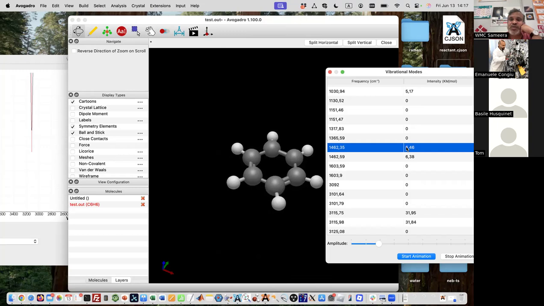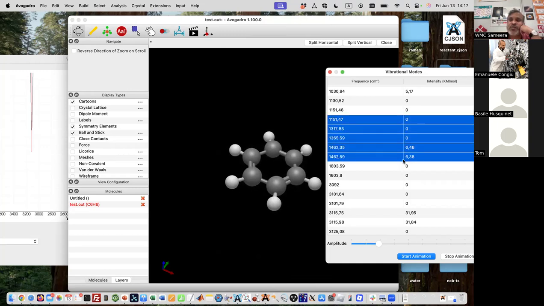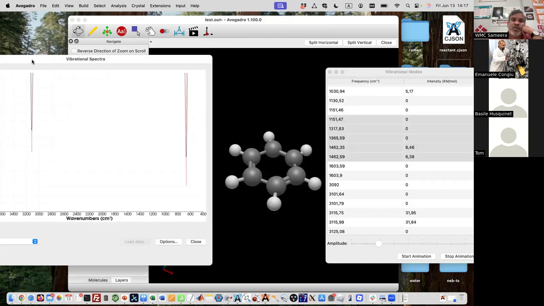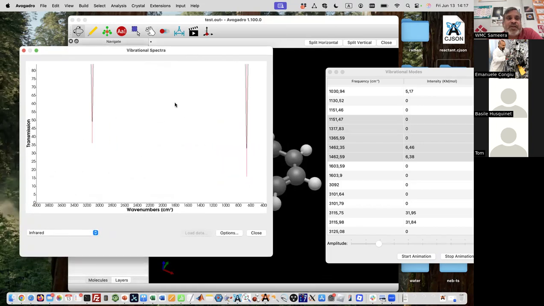So this is actually very useful for you, because if you have difficulties to understand your experimental IR data, you can always compute and interpret your data.